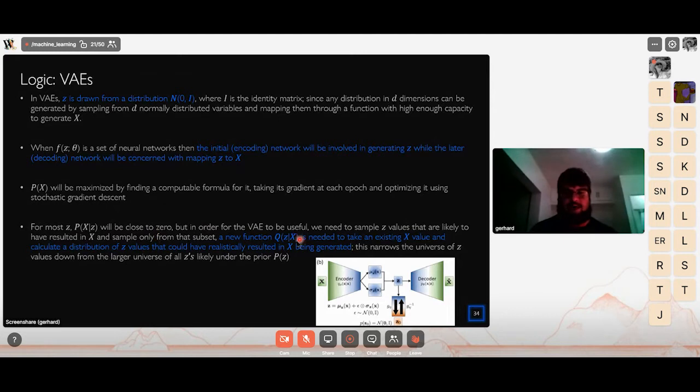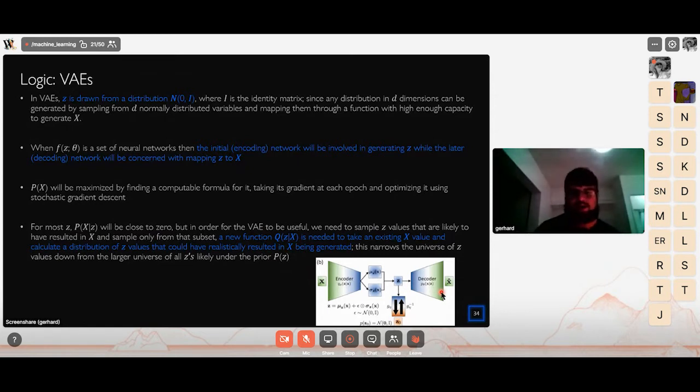For most Z, P of X will be close to 0. But for the VAE to be useful, we need to sample Z values that are likely to actually result in a sample from our true data distribution. So we define this function Q of Z conditioned upon X. That is actually the encoding network.